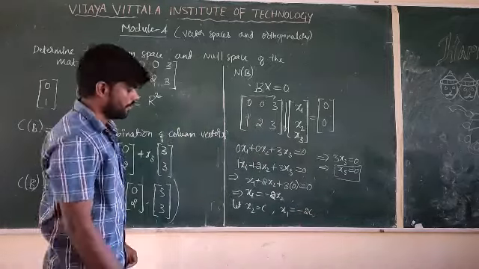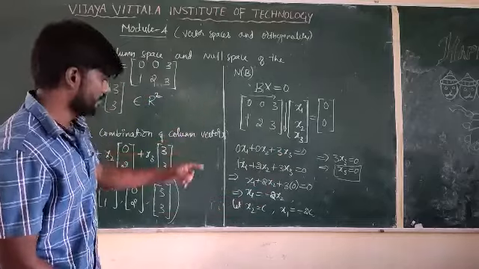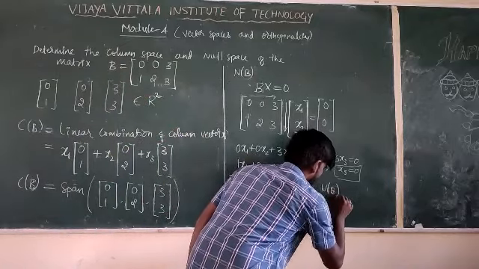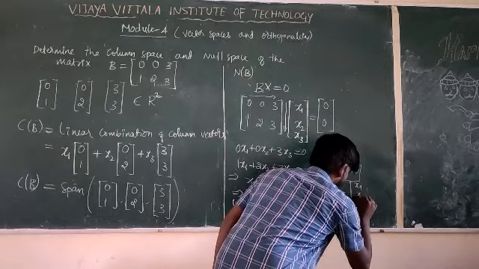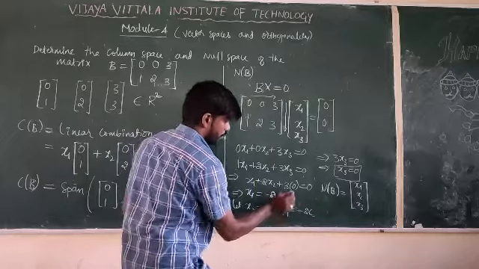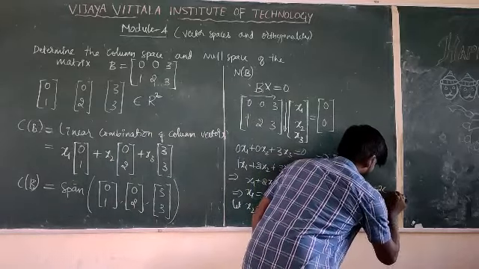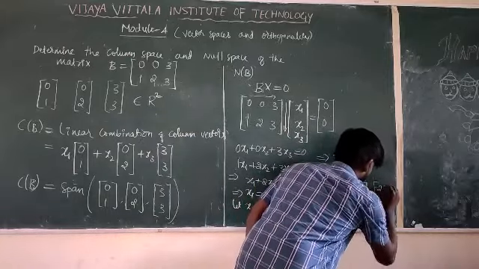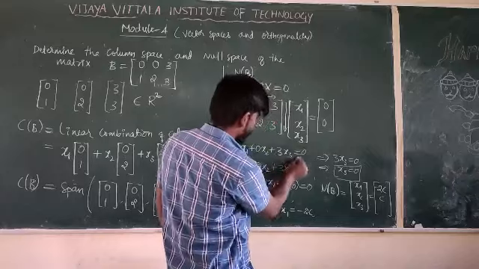Therefore, we substitute the x1, x2 and x3 values in the null space of B, N of B. We get x1, x2, x3, where x1 is minus 2 into C, x2 is C, and x3 is 0.